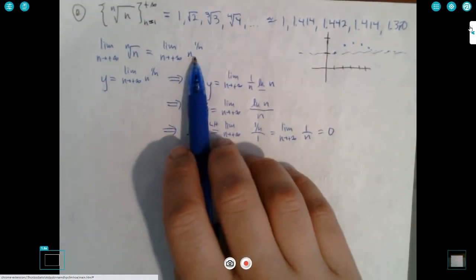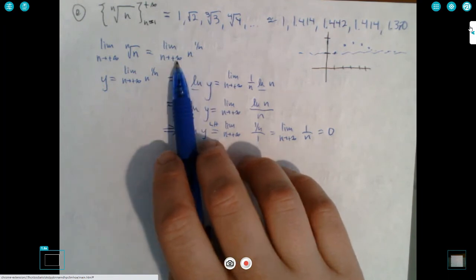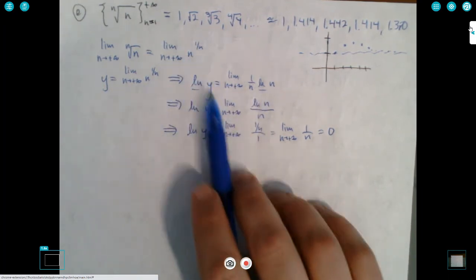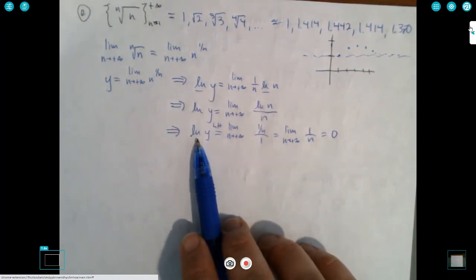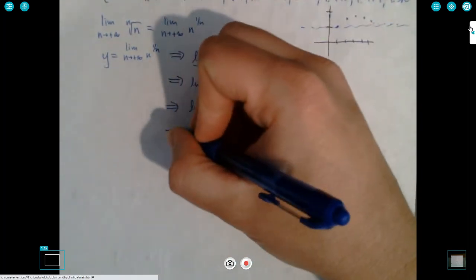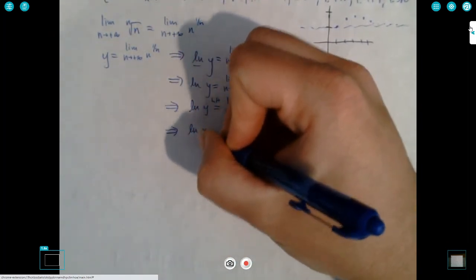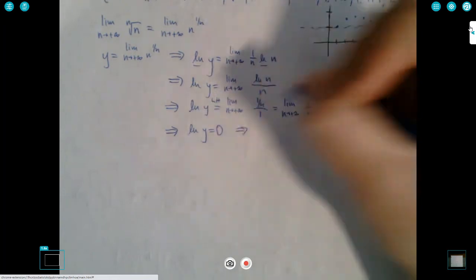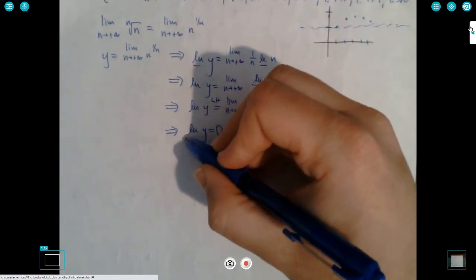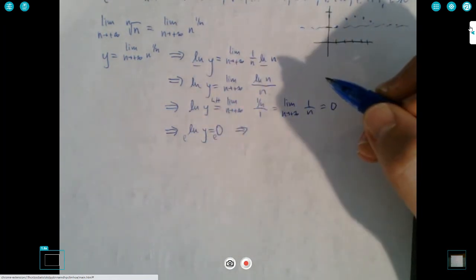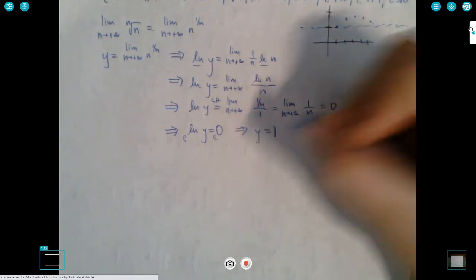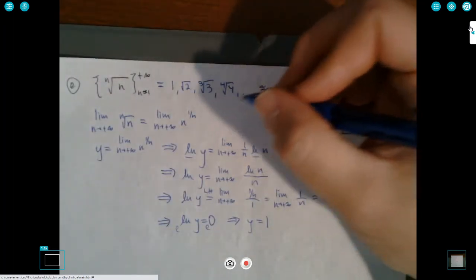Now careful though, that's not our original limit. That's not the limit of n to the 1 over n. That's the limit of the natural log of that thing, right? So I'm saying ln of y is equal to 0. Since ln of y equals 0, if I exponentiate both sides, I get y equals 1. So the actual limit here is 1, just like we thought.